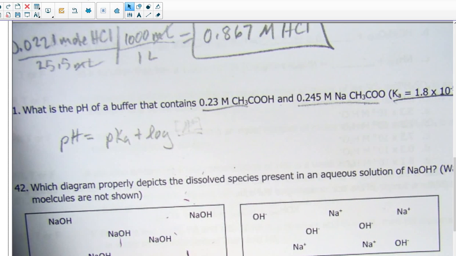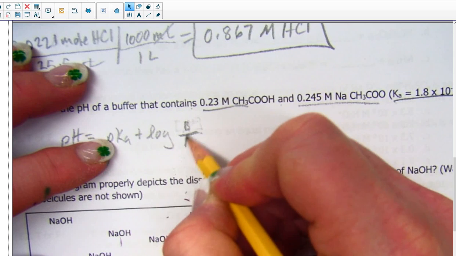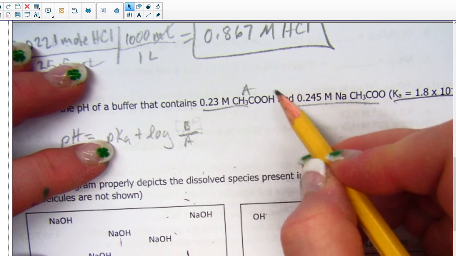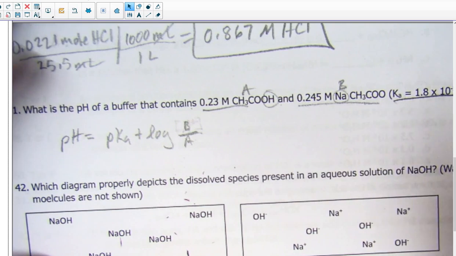Double check that equation before we get going. Real quick check is not a bad thing to do. It's the base over the acid. So this is my acid because it has the hydrogen. This is my base because it has a salt on top of it.